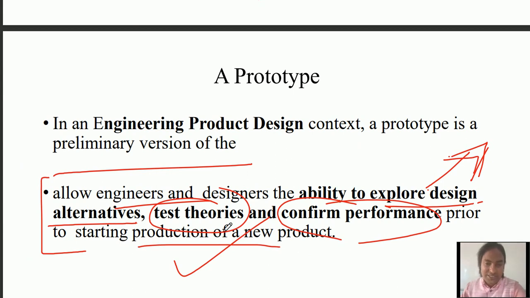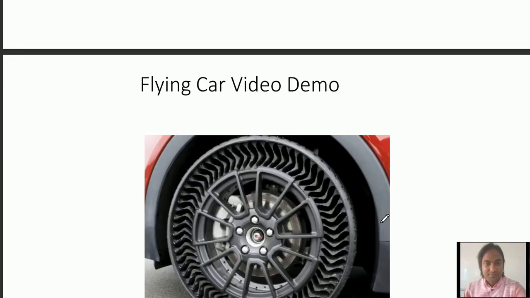You have to test. We have to explore the various design objectives. You have to meet the various specifications, test performance, and after that if everything is okay, then you can go for the final testing.